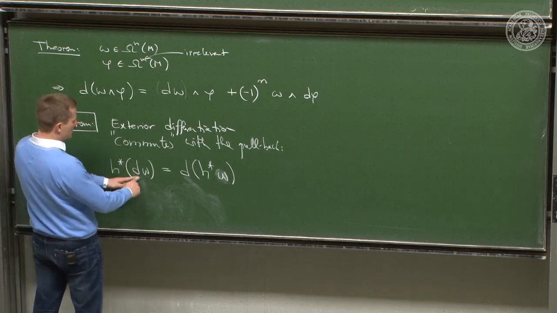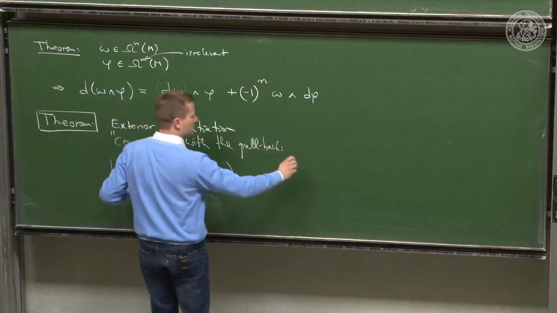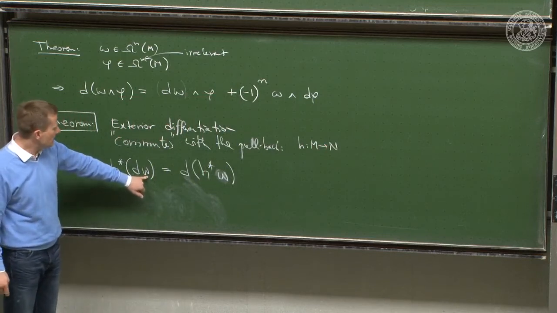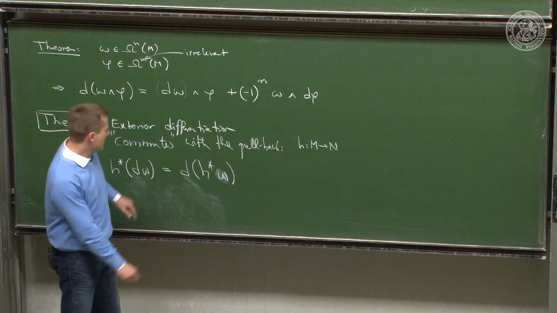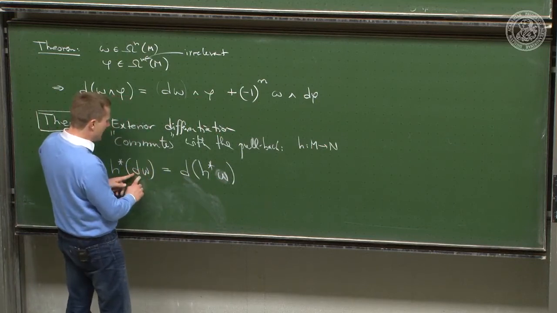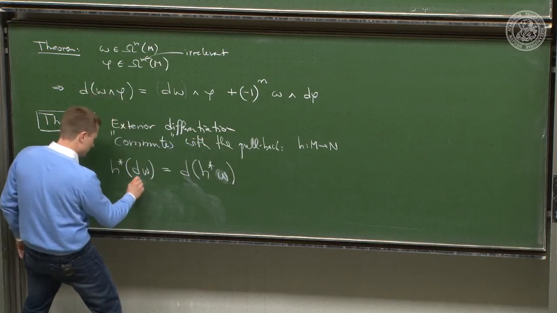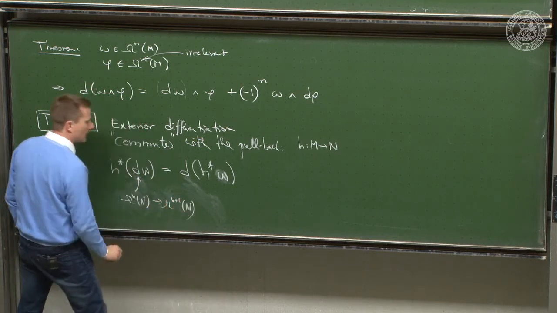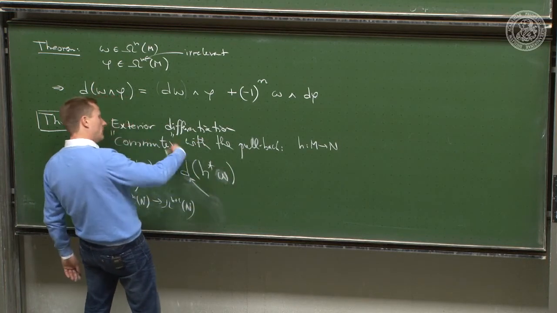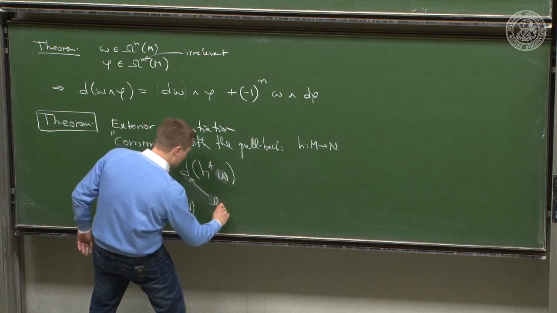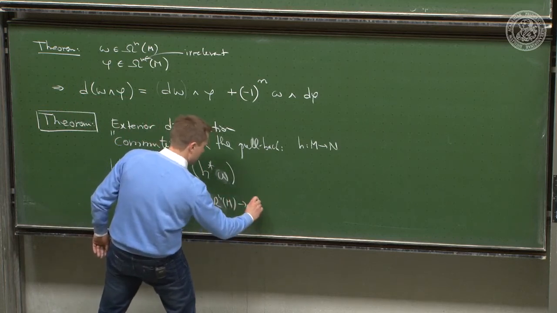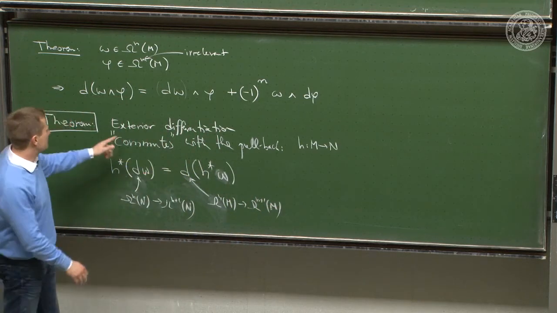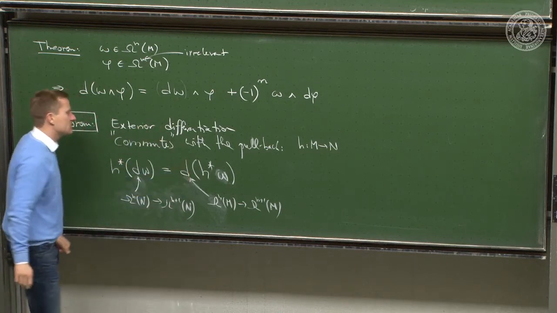So if it's the pullback, that must be the one on the manifold. So if H is a smooth map from M to N, then this omega must be a form on N, and this omega must be a form on N. So this d acts on an n form on N to make it an n plus 1 form on N. And here, this d, because the pullback has already happened, takes an n form on M and makes it an n plus 1 form on M. So in a sense, they're not the same d's, but symbolically it commutes.